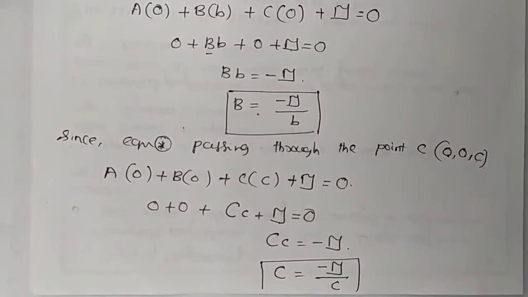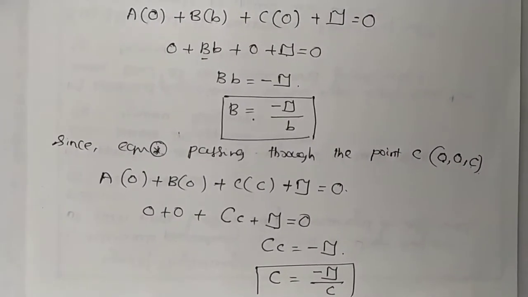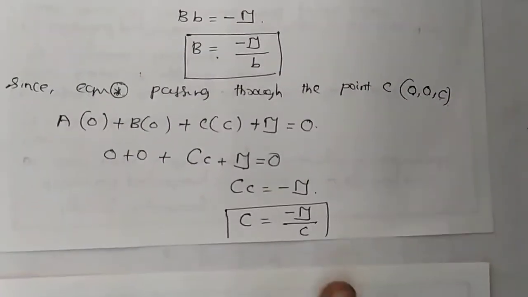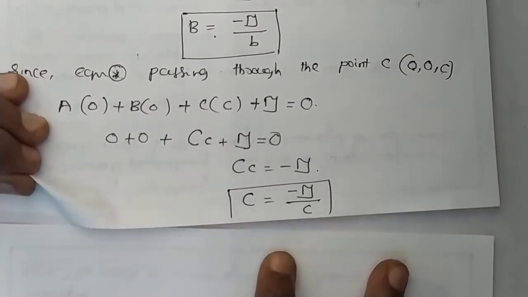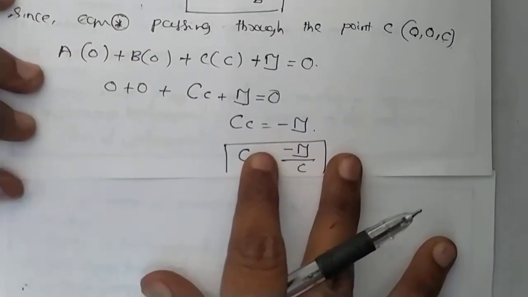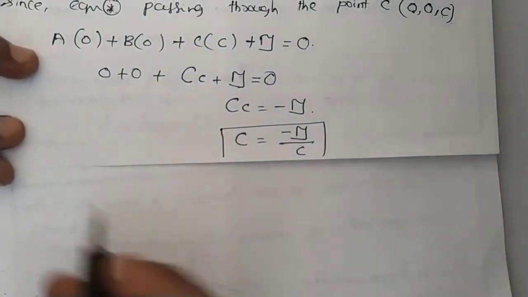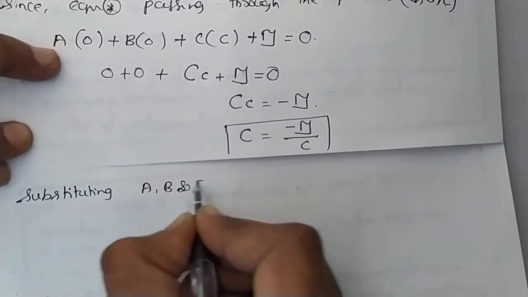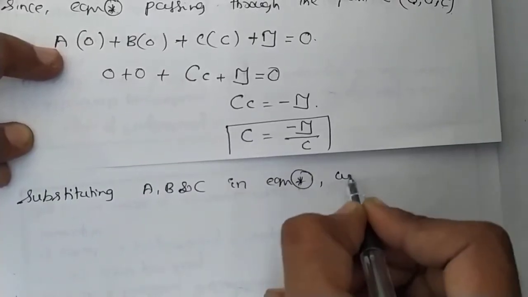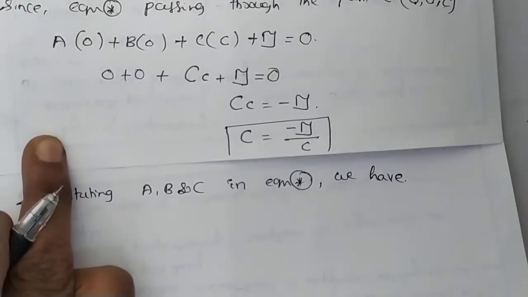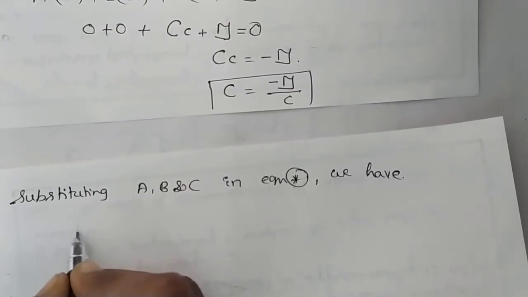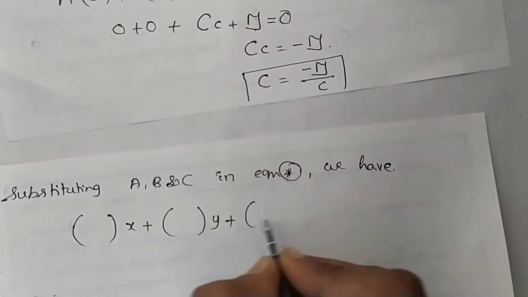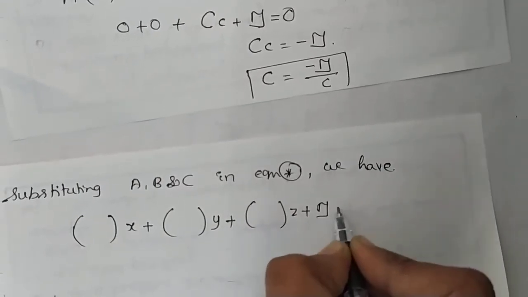Substituting the values of A, B and C in equation star, we have, you just see the equation star: capital letter A, X plus capital letter B, Y plus capital letter C, Z plus D equals to 0.